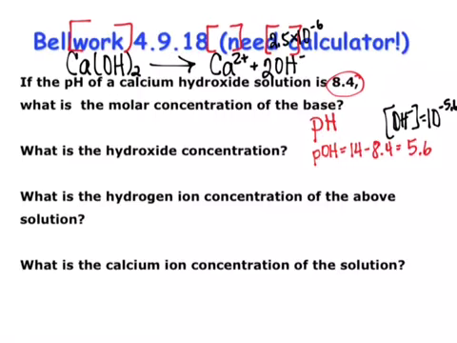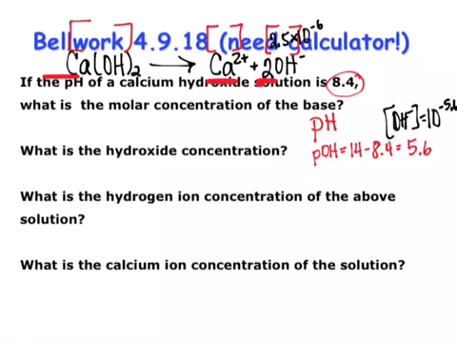What's the ratio of hydroxide to calcium? 2 to 1. What's the ratio of hydroxide to calcium hydroxide, the base? 2 to 1. I'm just looking at coefficients here, guys. Right? So my hydroxide concentration is 2.5 times 10 to the minus 6. That's for 2 of them.